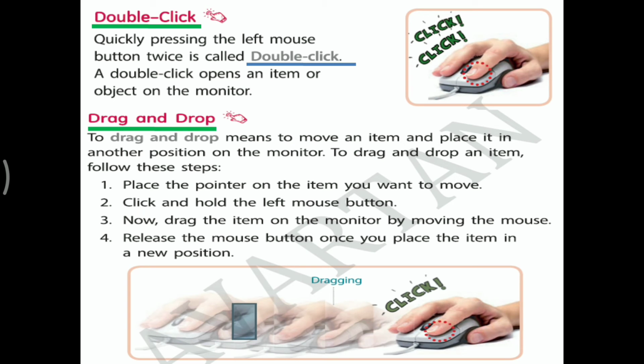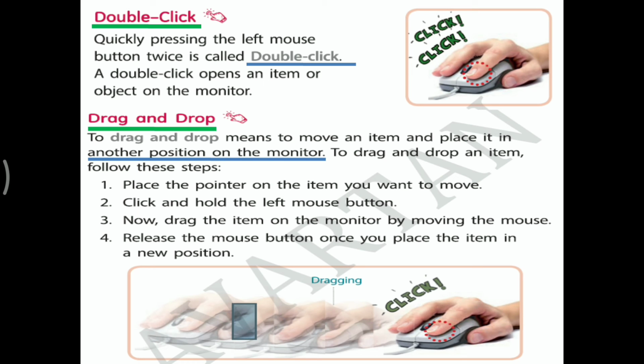To drag and drop means to move an item and place it in another position on the monitor. Suppose there is an item which appears on the top left side of the monitor. We can select that item and drag it to some other position. So we can change the position of that item through drag and drop.